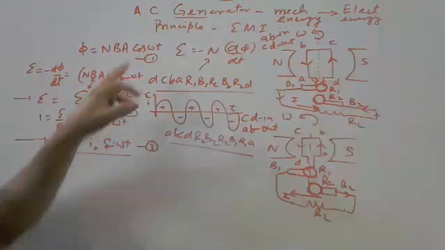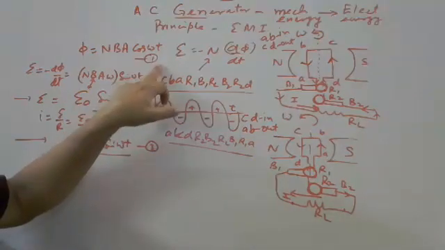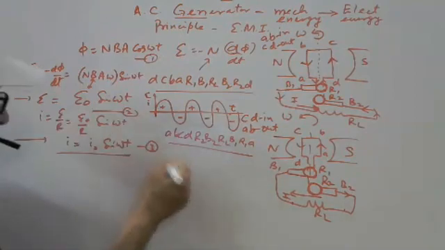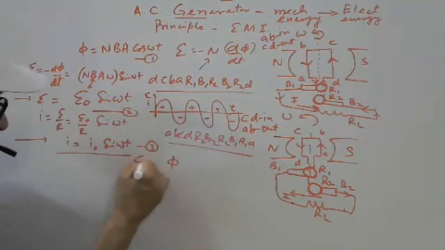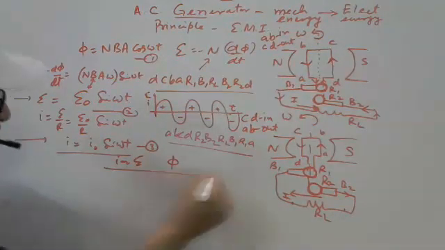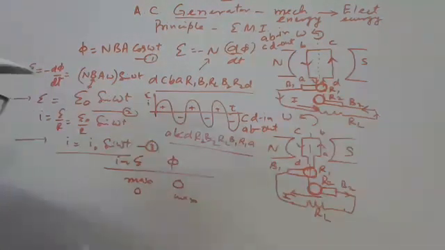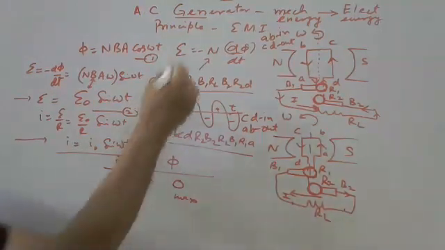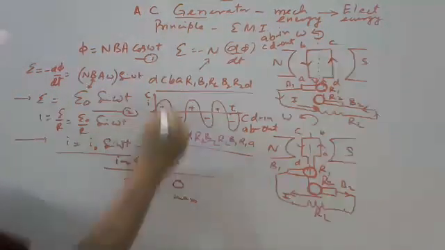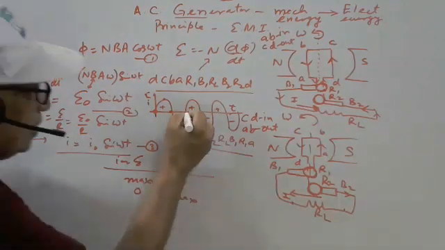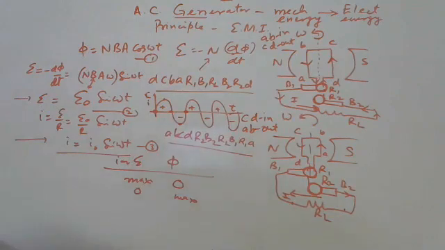It means whenever the angle is 0, cos 0 is the maximum value. If the flux is maximum, the current or voltage is 0, and when the flux is 0, it is maximum. So in AC, it is the 0 angle, the 90 degree, the 180 degree, the 270 degree, the 360 degree.